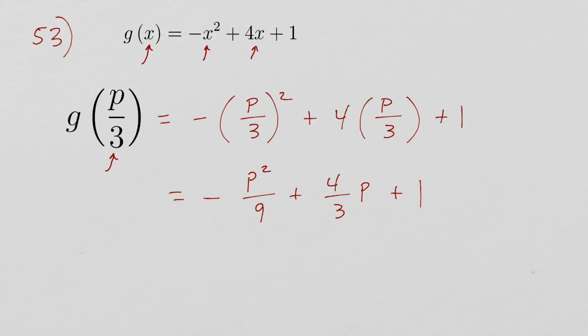And now to clean it up and put it in a form where you can see the coefficients a little easier, I'm going to make this negative 1/9 p squared plus 4/3 p plus 1. So that's g of p over 3.